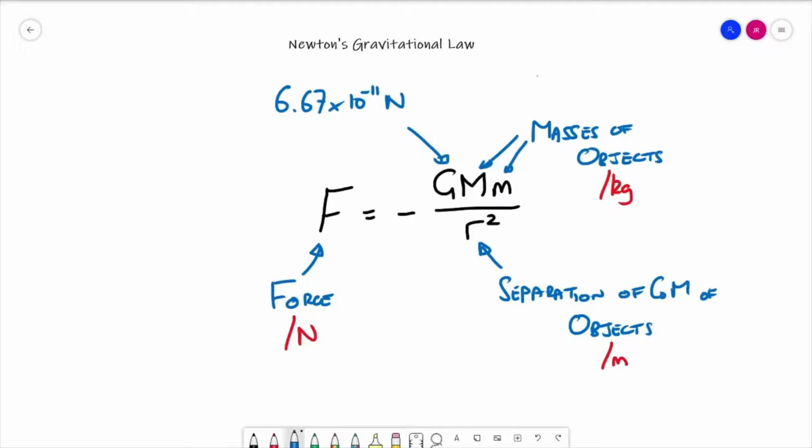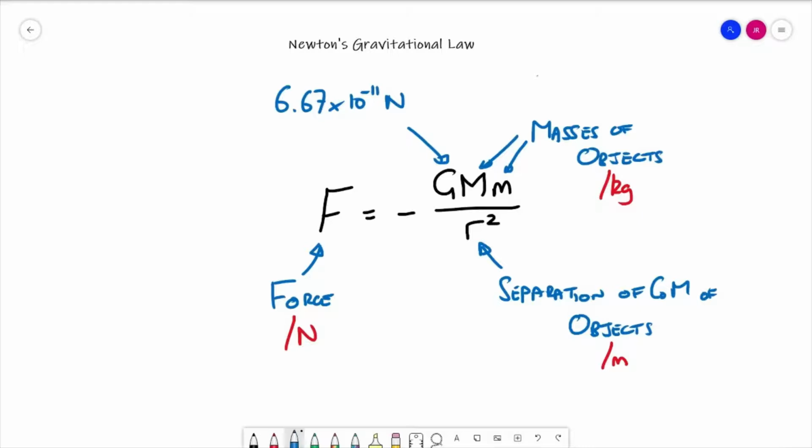On the right hand side we need to cancel out the kilograms from the masses and the metres from the separation. On the bottom of the equation from the r squared we're going to have metres squared.